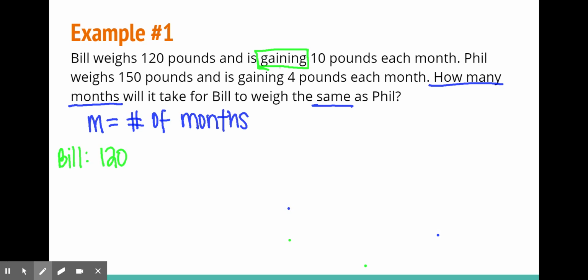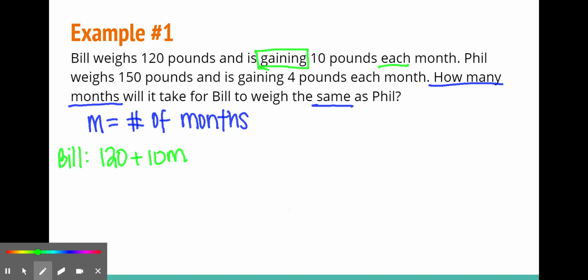Gaining is a key word, and gaining tells me that I'm adding 10 pounds. But is he only adding 10 pounds? No, it's each month. So that's going to be multiplied by m, the number of months. And so if I wanted to figure out Bill's weight, I know that it's going to be 120 plus 10m. So if the number of months was 2, for example, that would be 120 plus 20, because in 2 months, he gains 10 pounds each month. That's 10 plus 10, which is 20.